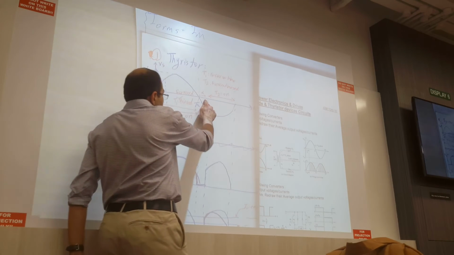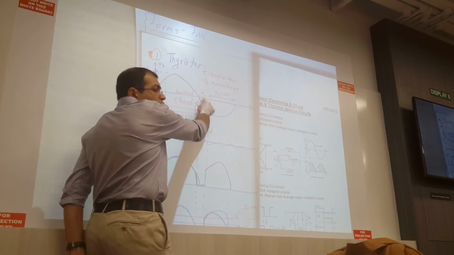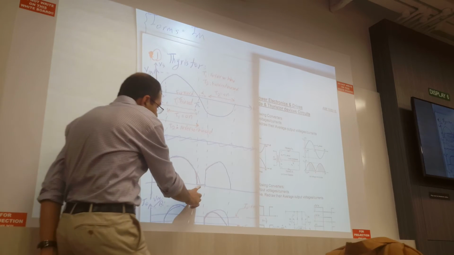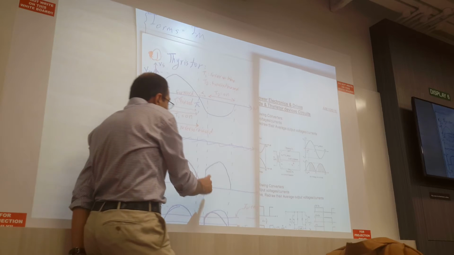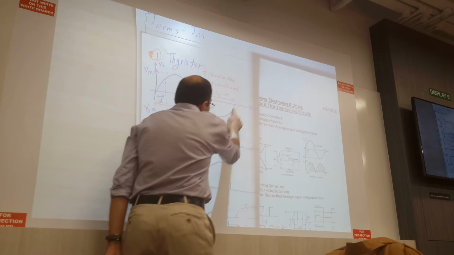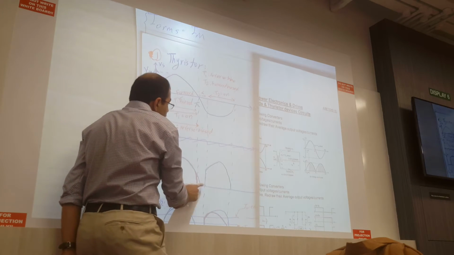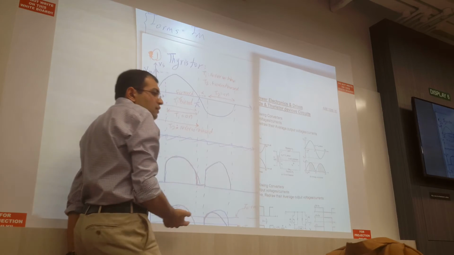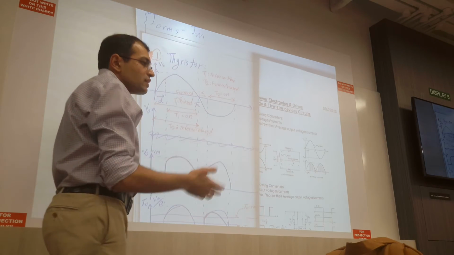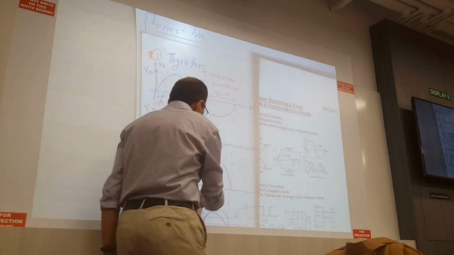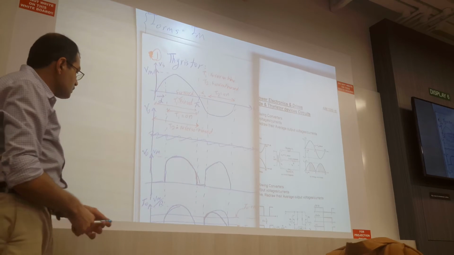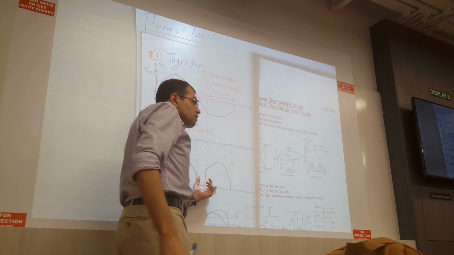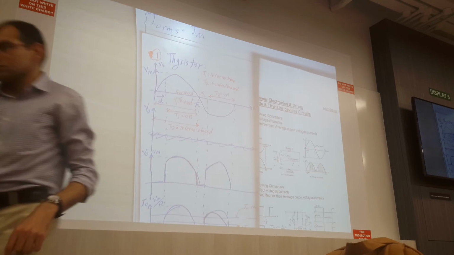So from this moment to this moment, T1 and T2 both are off. Therefore, the output voltage will remain 0. At this moment, when we turn on T2, the output voltage will become minus Vs, exactly the same as the previous section. So this will become the output voltage.